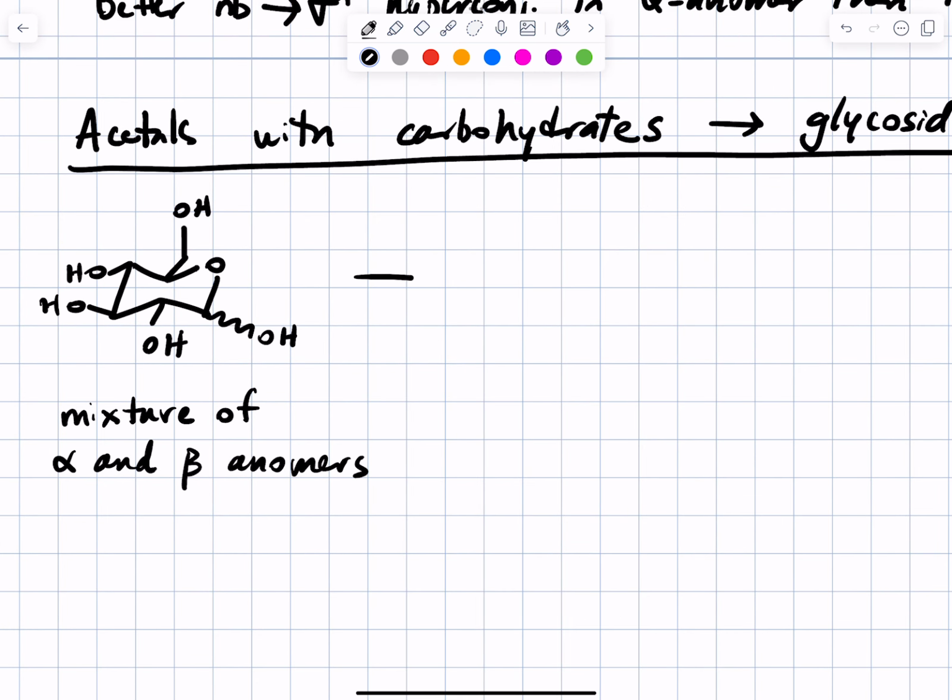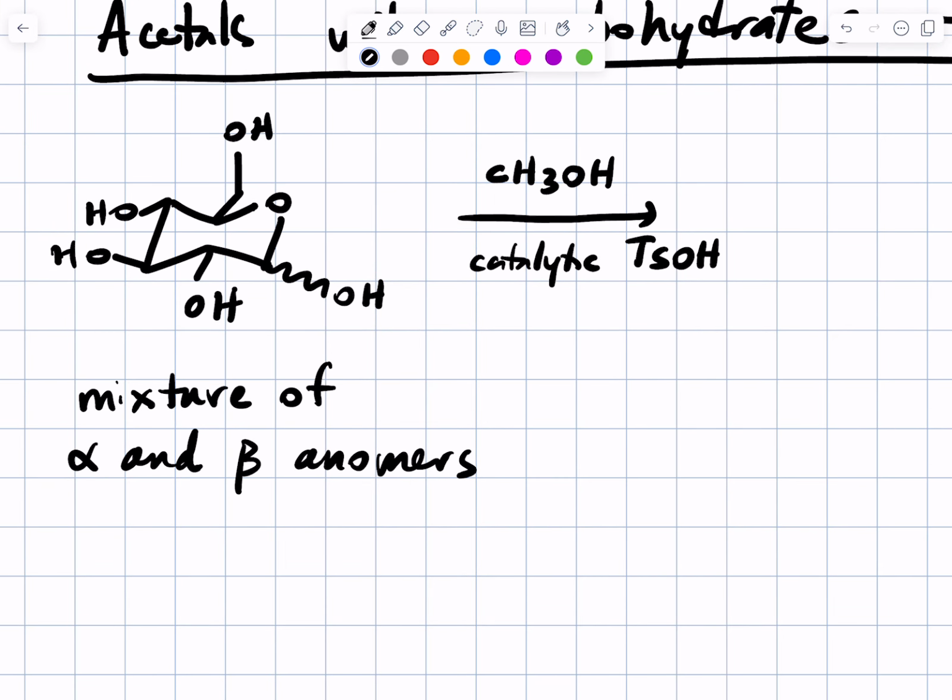Now, supposing that I put an alcohol in, and then a catalytic amount of an acid, say TsOH or some other kind of acid. I could imagine a lot of things happening, but suppose I supply an excess of the alcohol, and suppose along the way I'm removing water.